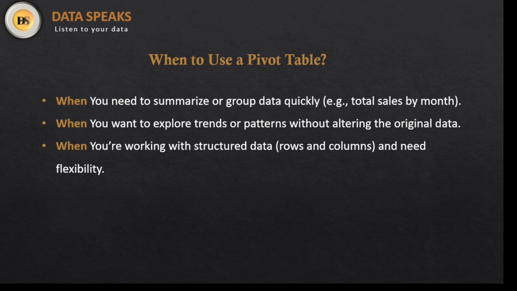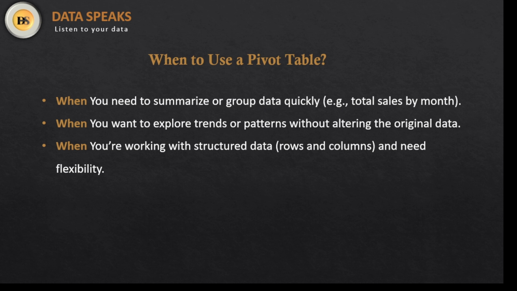Like I said earlier, pivot table has to do with summarizing data. The second point is that you want to explore trends or patterns without altering the original data. Because when you're working with pivot table, you don't tamper with the original data, because it will create another separate field on its own. So thereby, you can work on that without tampering with the original data.